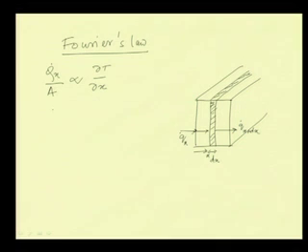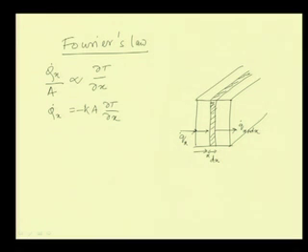Then we can say that Q dot X equals some constant k into area into del T by del X, and a negative sign is put here. That means Q dot X is equal to minus K A del T by del X.